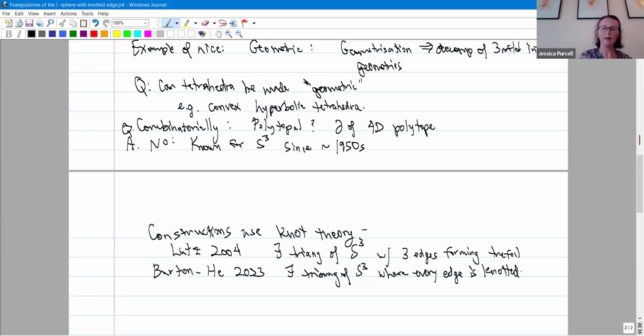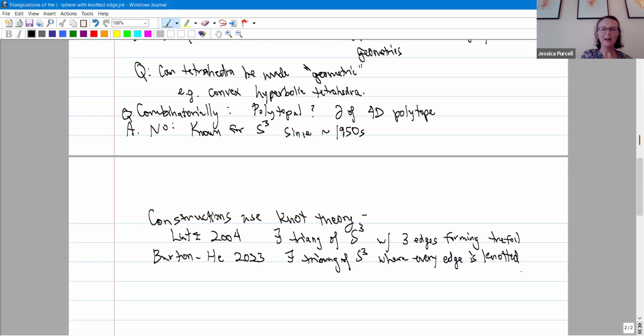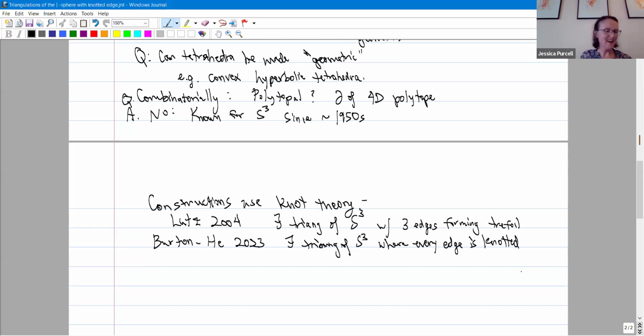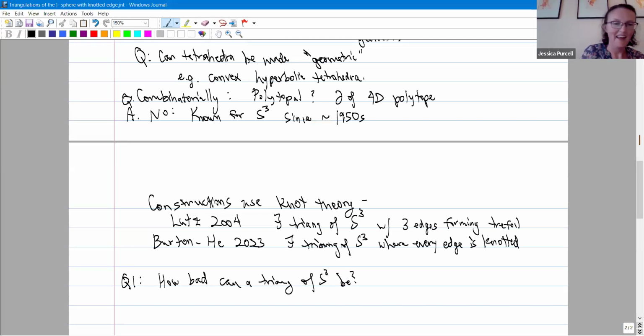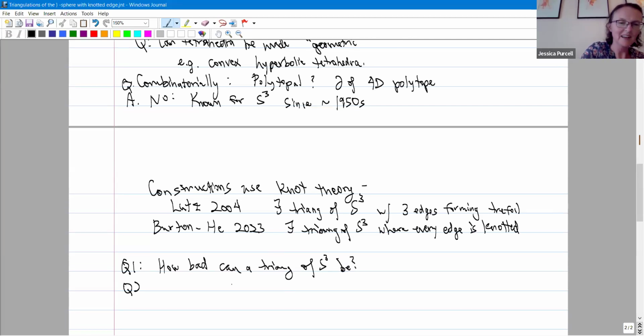Okay, so there are some pretty awful triangulations. So today I am going to talk about a couple of questions. So number one is, how bad can a triangulation be? And question two is, but how good?